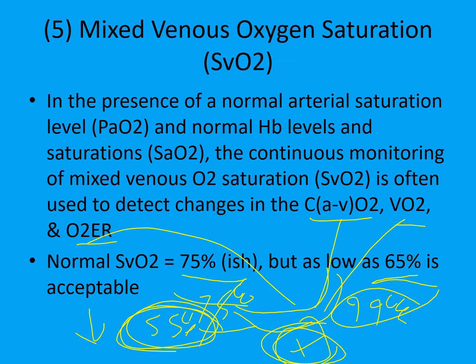That means they're getting worse. If this value starts increasing again, let's say we draw it 24 hours later, which is a long time to wait to draw it again, and let's say it's back up to 65% after 24 hours, we know this patient's getting better because their tissues aren't consuming near as much oxygen.